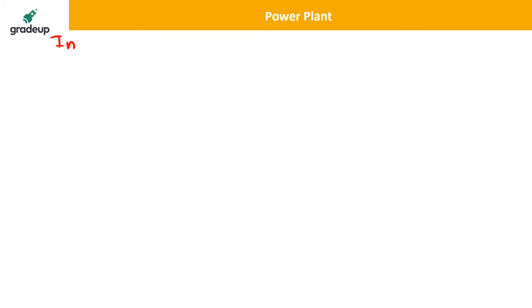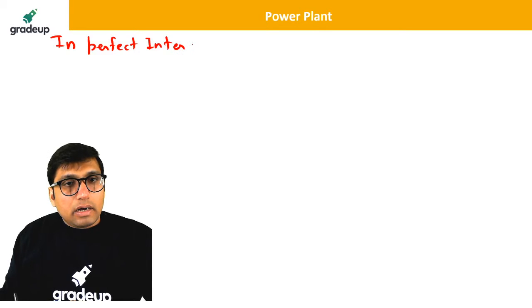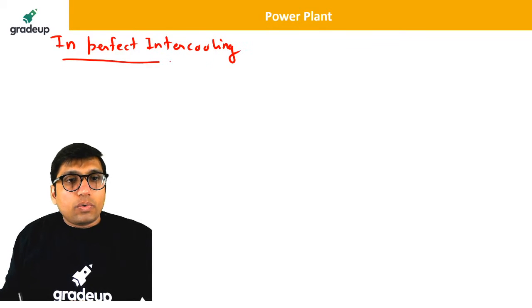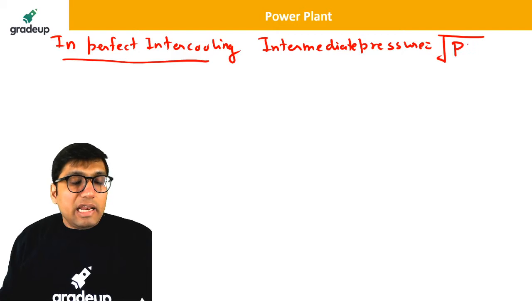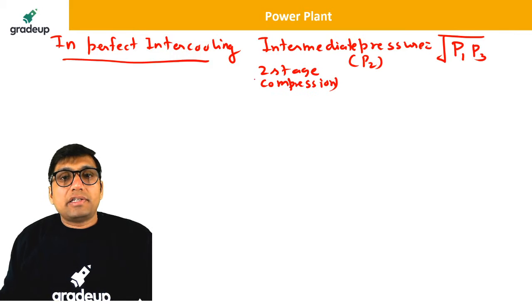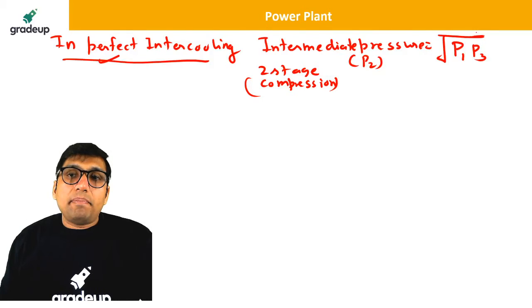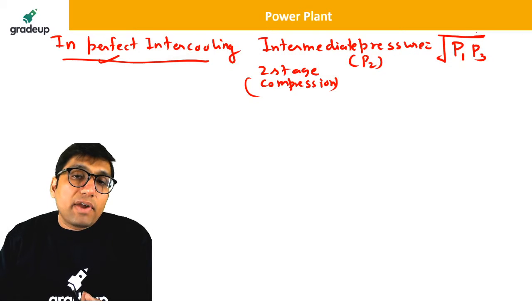In perfect intercooling, as I told you, the intermediate pressure will become the square root, the geometric mean, of the initial pressure and the delivery pressure. Let us say it is a two-stage compression. For two-stage compression, the intermediate pressure for perfect intercooling will become the geometric mean of the initial pressure and the final delivery pressure. This will happen in perfect intercooling.